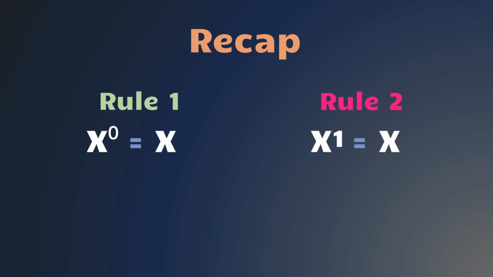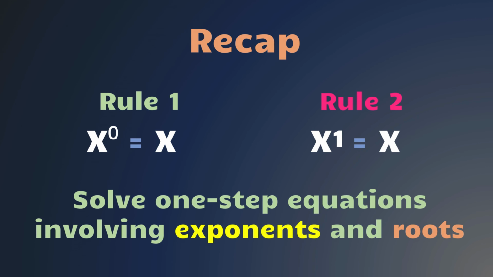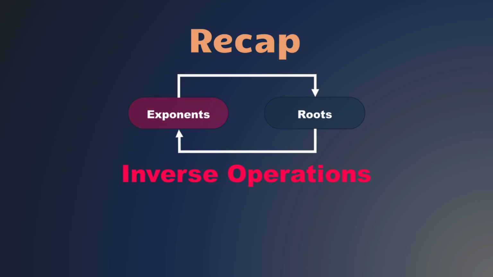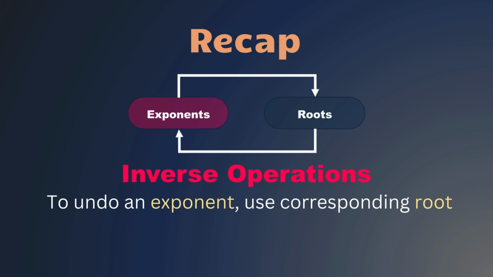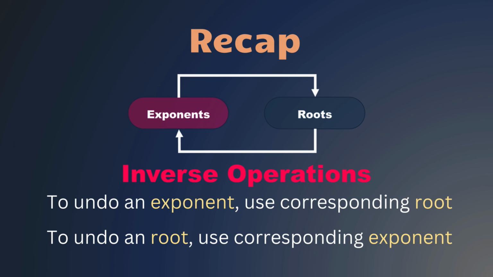All right, in this video, we learned two important rules about exponents. We learned that any number raised to the power 0 equals 1, and that any number raised to the power 1 is just itself. We also learned how to solve very simple one-step equations involving exponents and roots. Since they are inverse operations, to undo a root, you use its corresponding exponent, and to undo an exponent, you use its corresponding root.